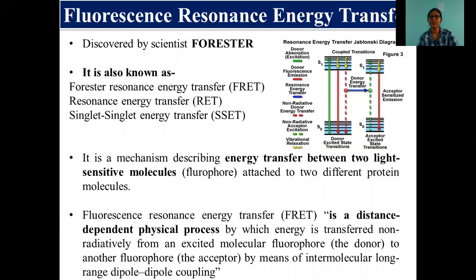So this technique is basically based on fluorescence, which is a phenomenon that takes place in fluorescent molecules. How this takes place we will describe shortly. Before that, in short, I will explain singlet energy transfer.